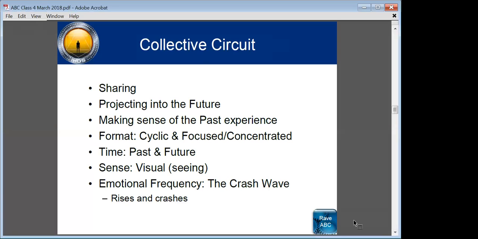So this sine wave, S-I-N-E wave, or crash wave, is one that just rises, and as it's rising, it's rising with this desire, and it discovers an experience. It is either what you anticipated or not. If it's not, or if it reaches a certain peak, it finally explodes and crashes, only to rise up again.